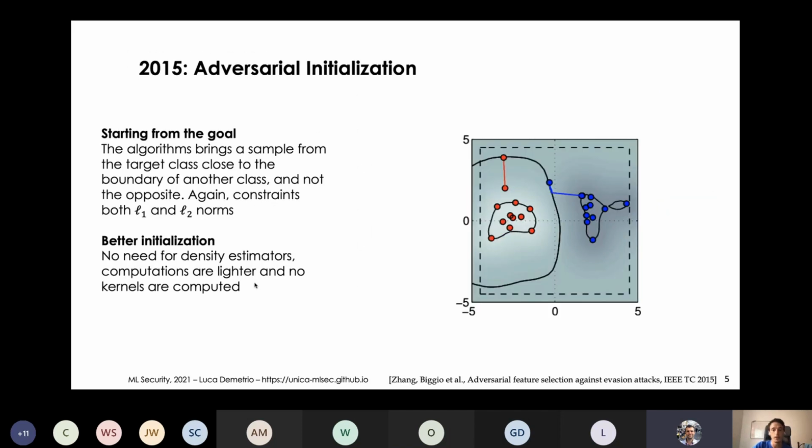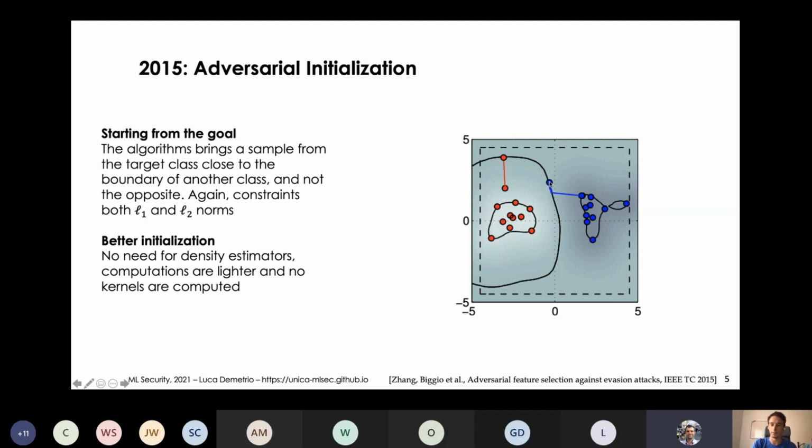To do that, we need to go further into the future, and we might think about finding a better way of initializing points. Instead of starting inside the class you want to be misclassified, you start from the other one. So in this case, you start from the blue class, and then you go toward the real starting class, and then you find a point on the boundary.